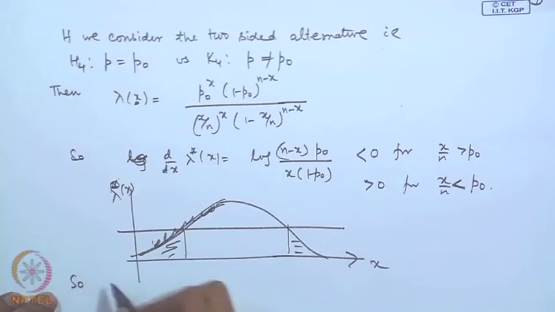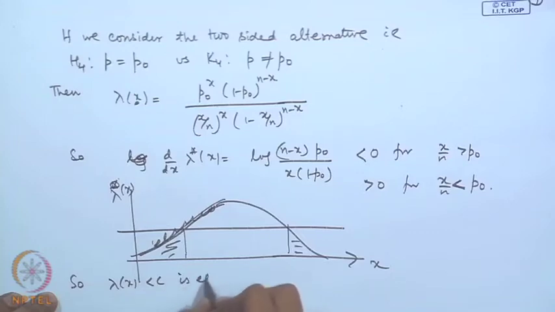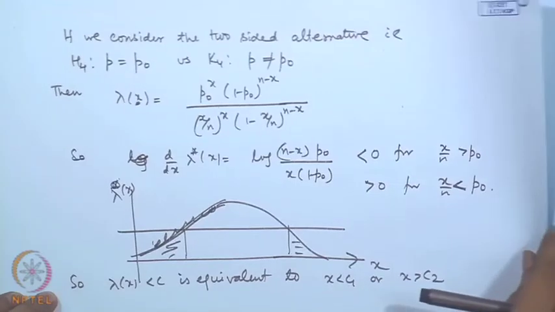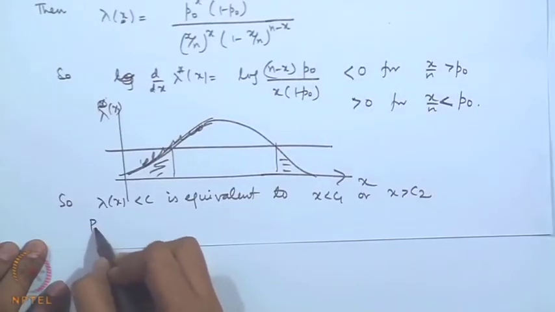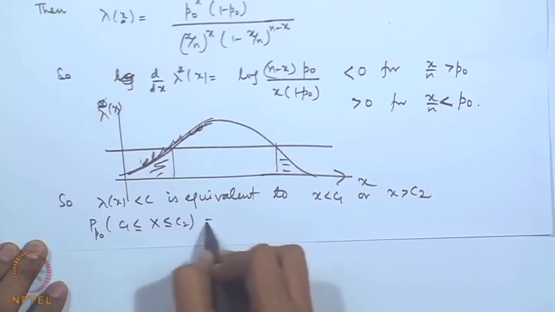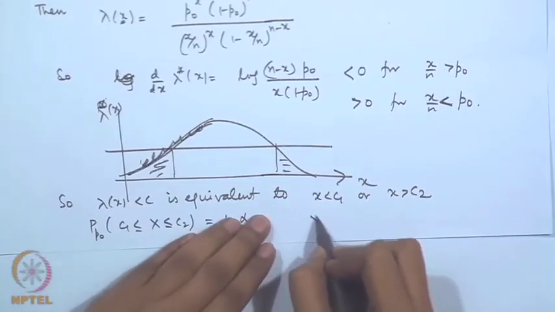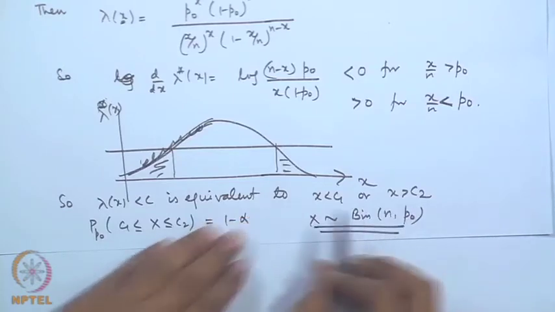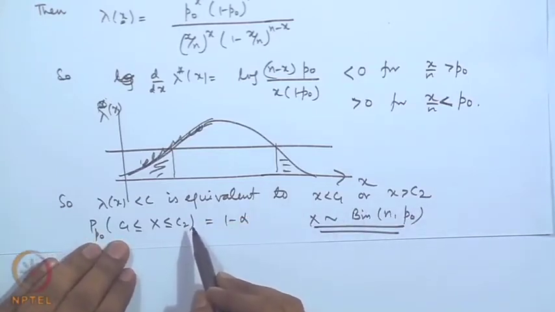So, lambda x less than c is equivalent to x less than c 1 or x greater than c 2, and we should have probability of c 1 less than or equal to x less than or equal to c 2 equal to 1 minus alpha, where x follows binomial n, P naught. So, this c 1 and c 2 can be determined from the tables of binomial distribution.